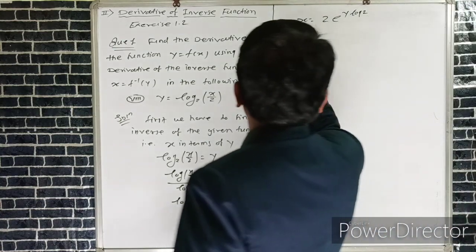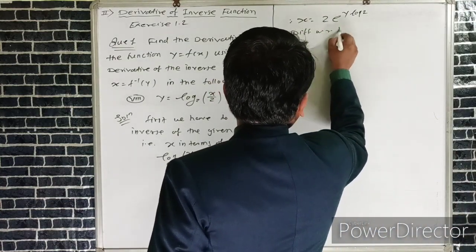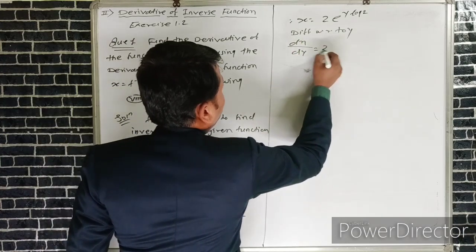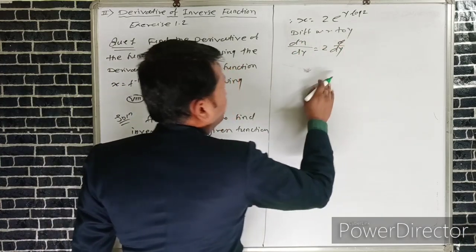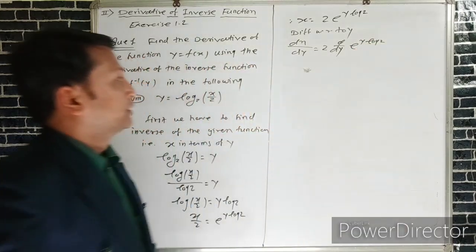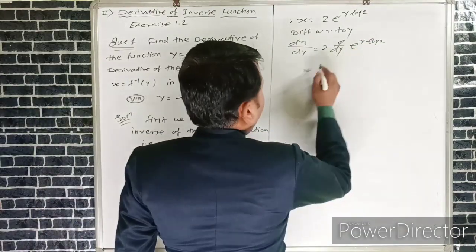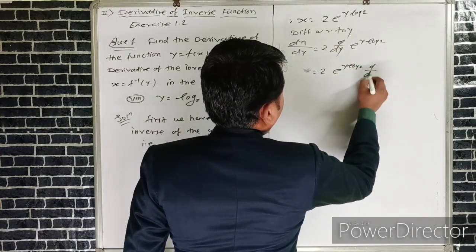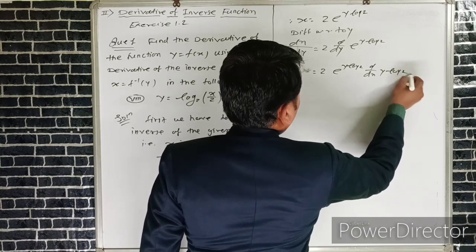Now, if we differentiate the given function with respect to y, then we can write dx upon dy is equal to 2, which is a constant, times the derivative of e to the power y log 2. We know that the derivative of e to the power y is e to the power y, so here it is e to the power y log 2, and we find again the derivative of y log 2.